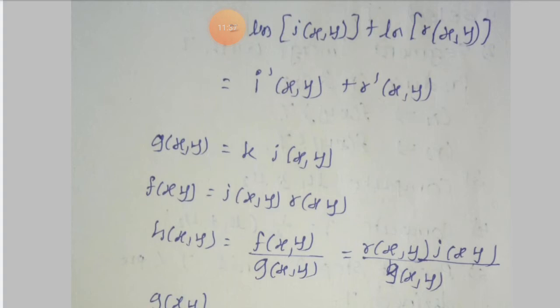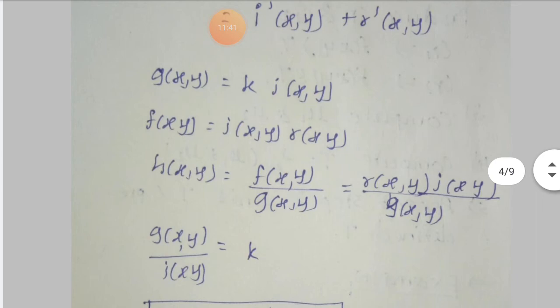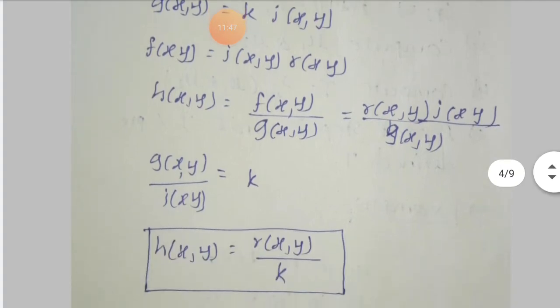After putting the f(x,y) value into the equation, i(x,y) divided by i(x,y) is equal to 1, so h(x,y) is equal to r(x,y) divided by k. Thus, if r(x,y) can be segmented using a single threshold value t, then h(x,y) can be segmented using a single threshold value t divided by k.